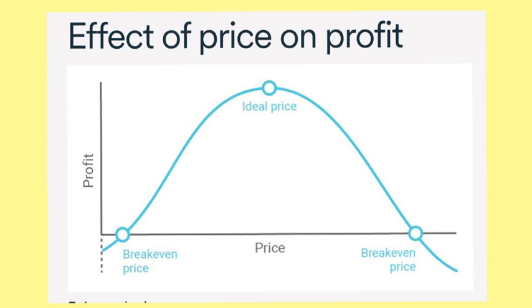Then, as price increases, the profit starts to decrease. If you draw a tangent at the ideal price, which is a maximum, you can see that the gradient here is equal to 0.